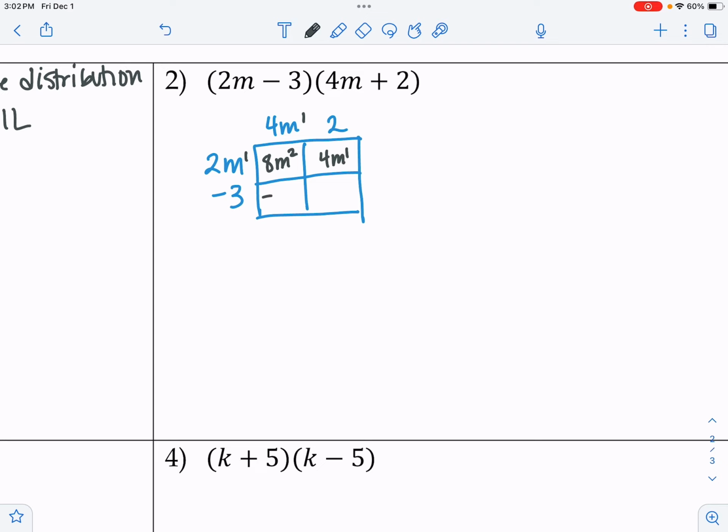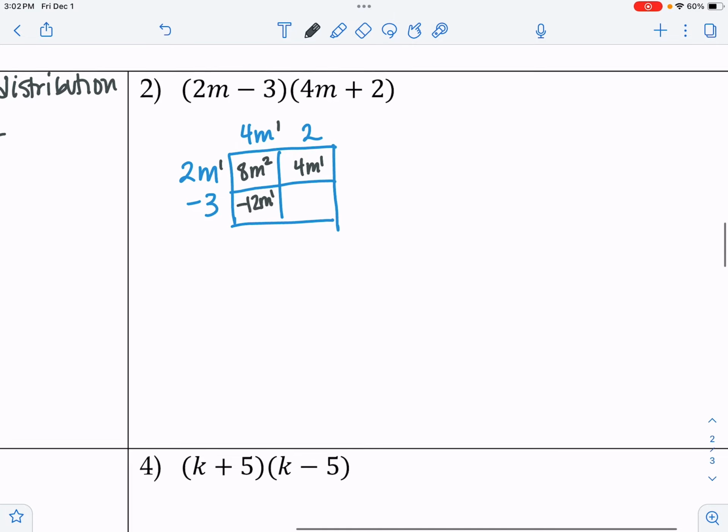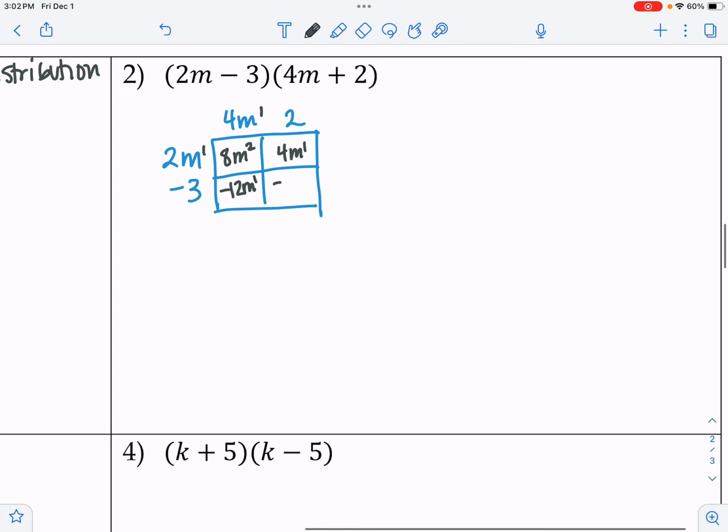Negative 3 times 4 is negative 12 with an m1. And then negative 3 times 2 is negative 6. So I'm going to have an 8m squared, a plus 4m, a minus 12m, and a minus 6. My like terms are 4m minus 12m, which would be negative 8m.